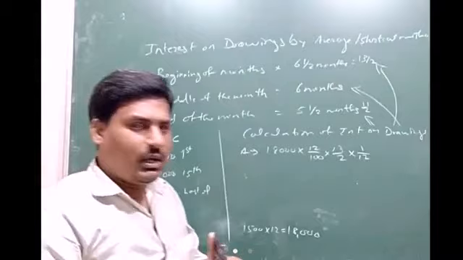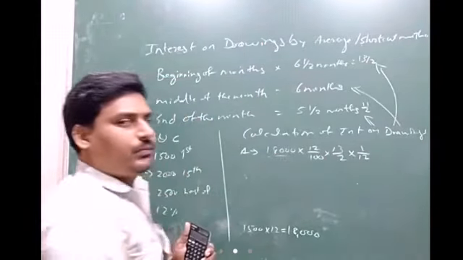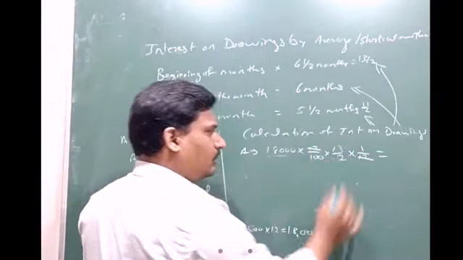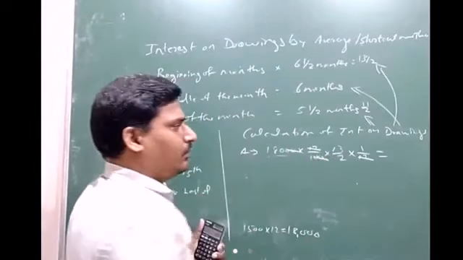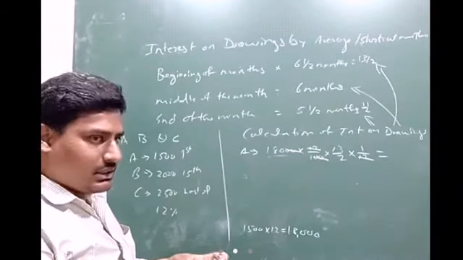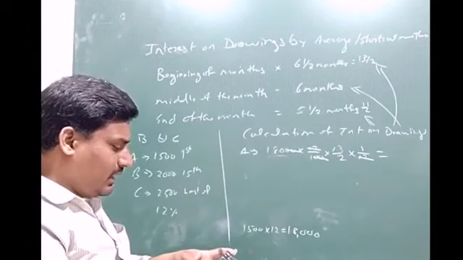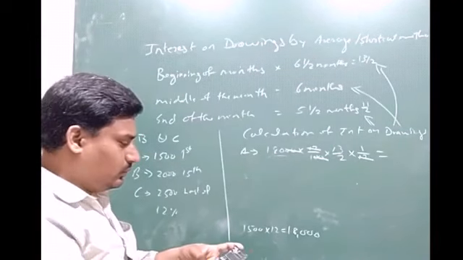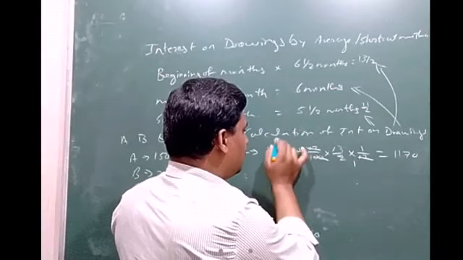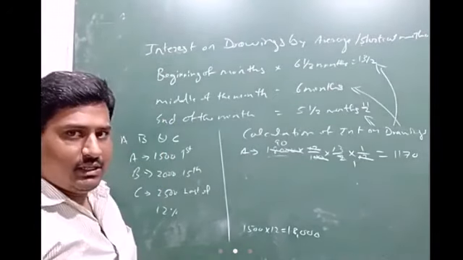So instead of the product, what we did was total amount withdrawn into average month. Now 18,000, 12 cancelled, zeros cancelled. 180 into 13 divided by 2, that is 1170. 2 ones are 2, so 90 into 13 is equal to 1170.